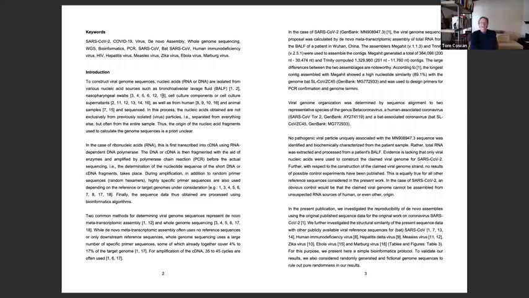In this process, the nucleic acids obtained are not exclusively from a previously isolated virus particle, i.e., they're not separated from everything else, but often from the entire sample. Thus, the origin of the nucleic acid fragments used to calculate the genome is a priori unclear.